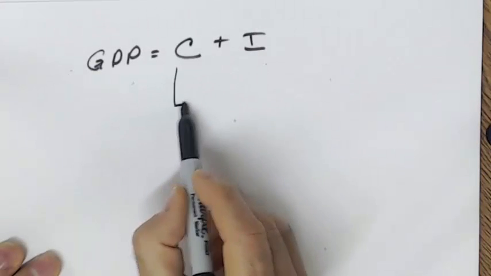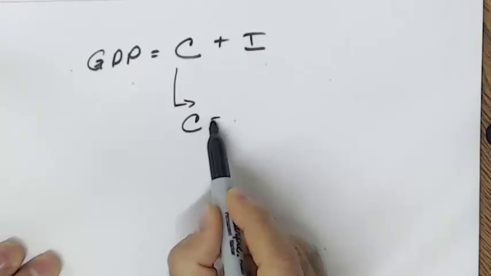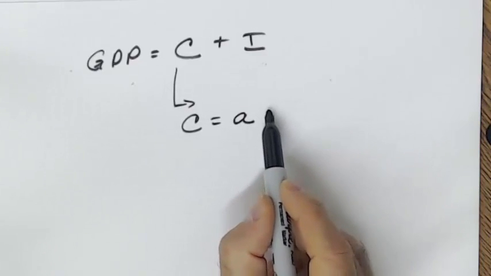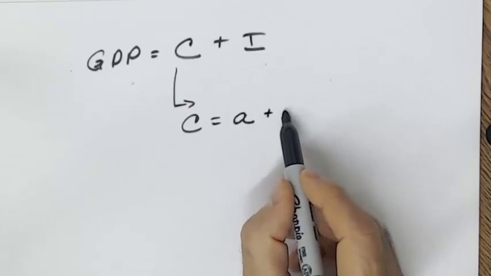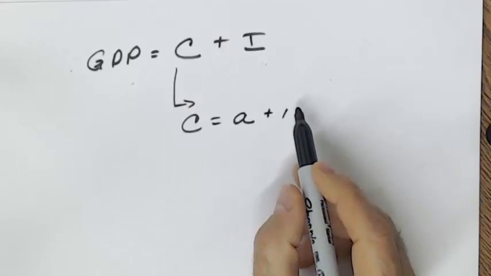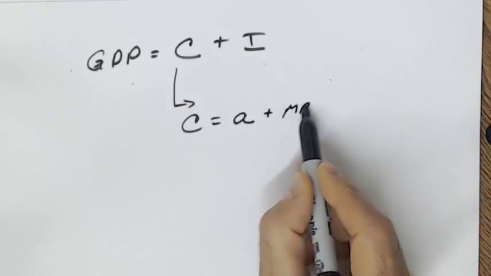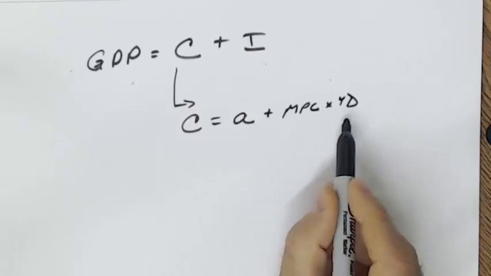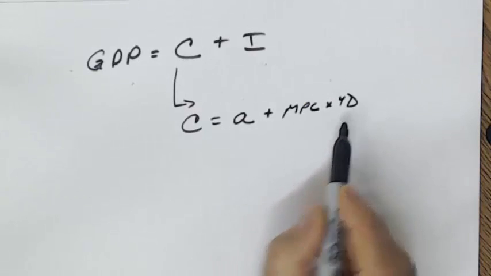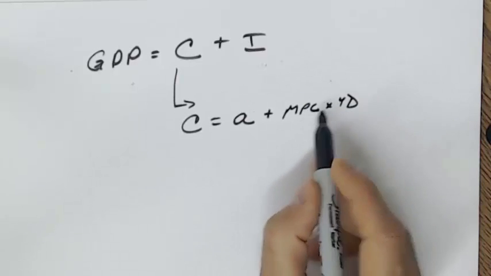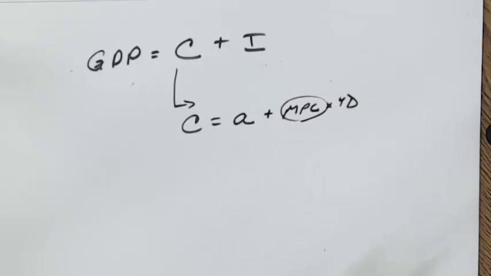And we saw that consumption can be broken out into autonomous consumption independent of disposable income, subsistence consumption, so consumption that you have to have regardless of income, plus a proportion of your disposable income. And that's the MPC, your marginal propensity to consume.